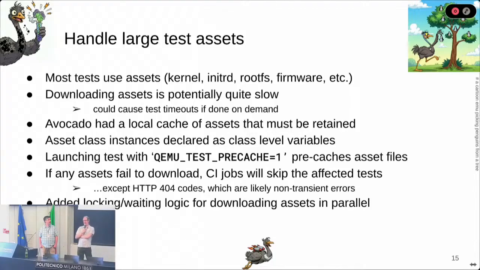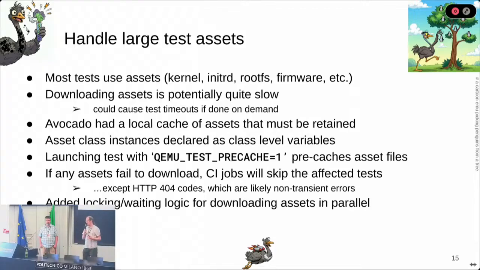And this basically mirrors what we already had available with Avocado in terms of caching, which was important because we didn't want to have a regression in this respect. The way this works when you're writing a test is that you have to declare an instance of the asset class at the test class level, and then we have a bit of logic that looks for all of the asset variables with a given name prefix and downloads and caches those files.